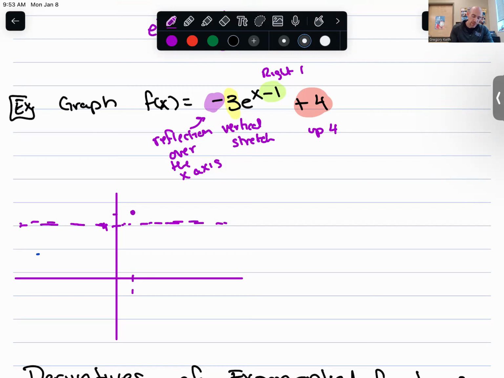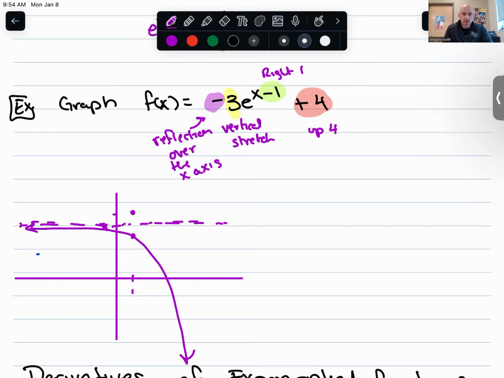But remember, there's a reflection, so it's going to reflect down here. And then if we go ahead and follow our path, it will be more of a stretched out version of this. So it's going to follow it down like so.